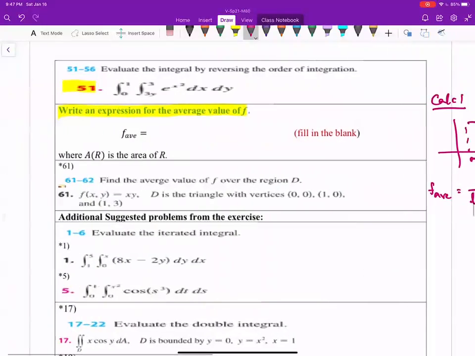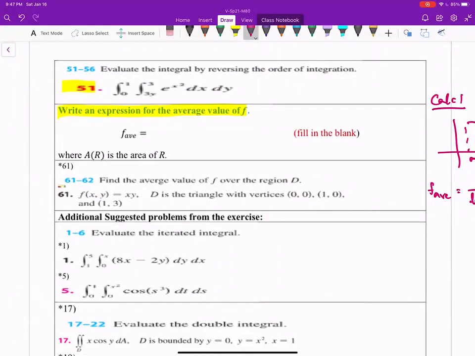But suppose we assume that the surface is defined over a rectangle R, then f average would be equal to 1 over the area of the rectangle.